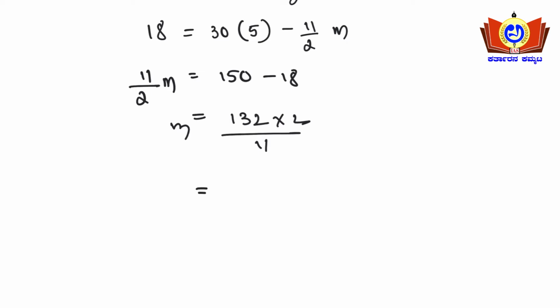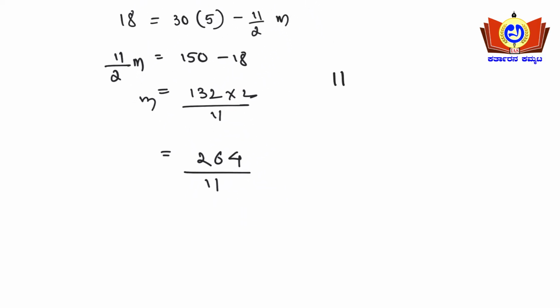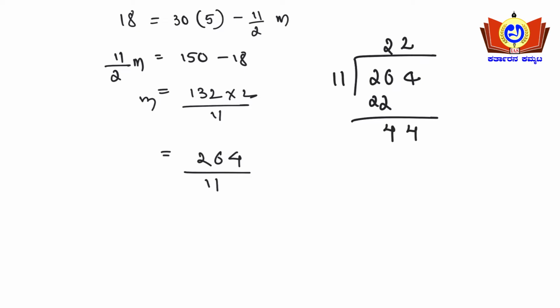So 132 into 2 is 264 by 11. Okay, upon solving this, 11 2 times 22, so 4 and 4, 44, so 0.